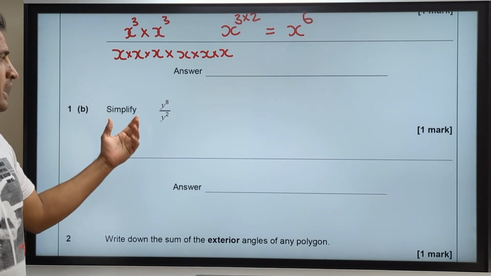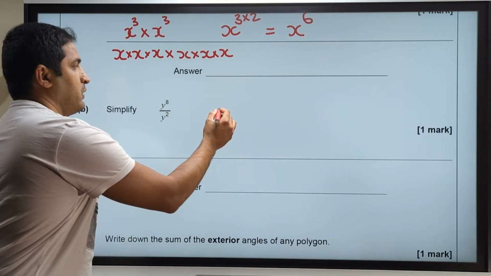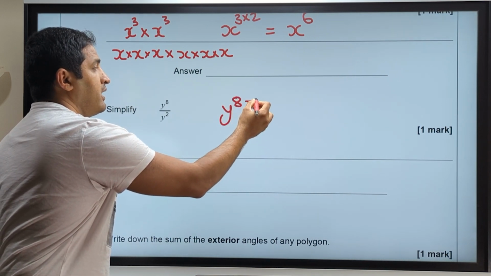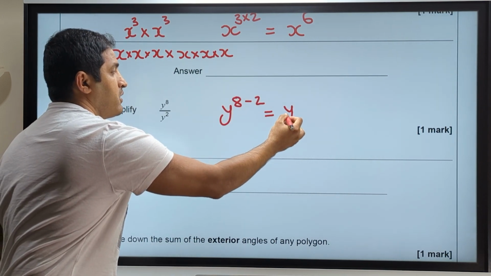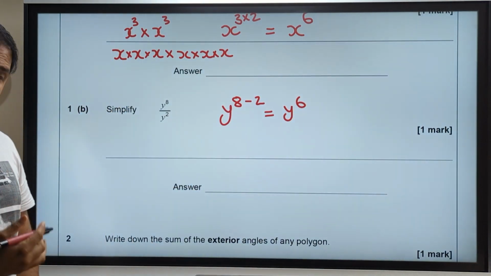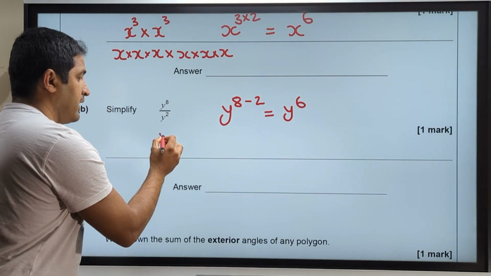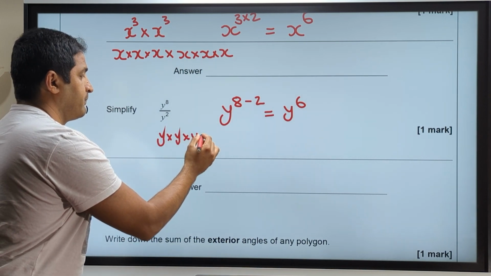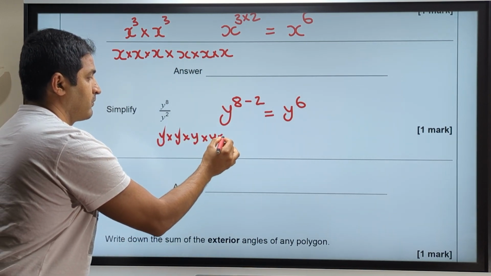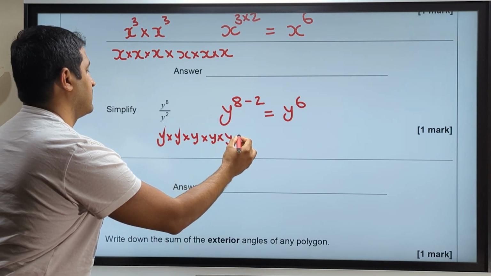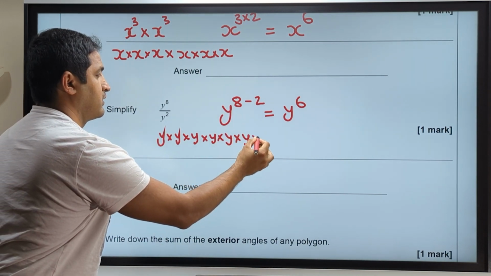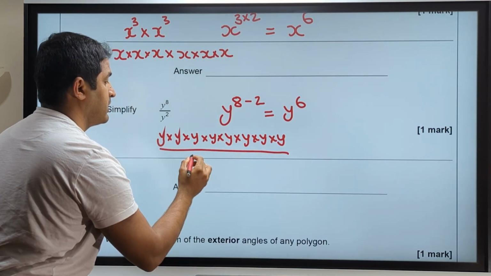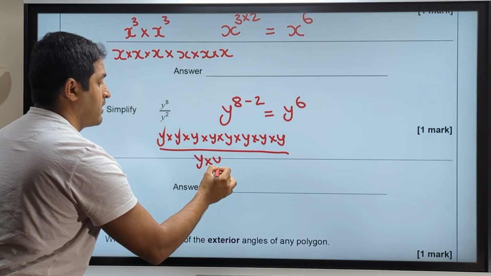Dividing by the power is cancelling it out, taking away. So you can look at it the straightforward way: y to the power 8, take away 2, gives you y to the power 6. If you want to understand it, y to the power 8 is y multiplied by itself 8 times, and then y squared means y multiplied by itself 2 times.